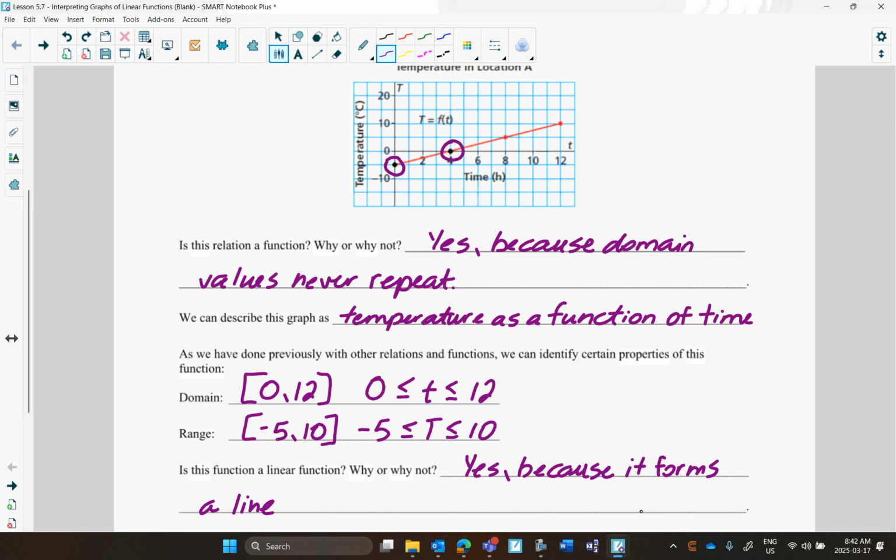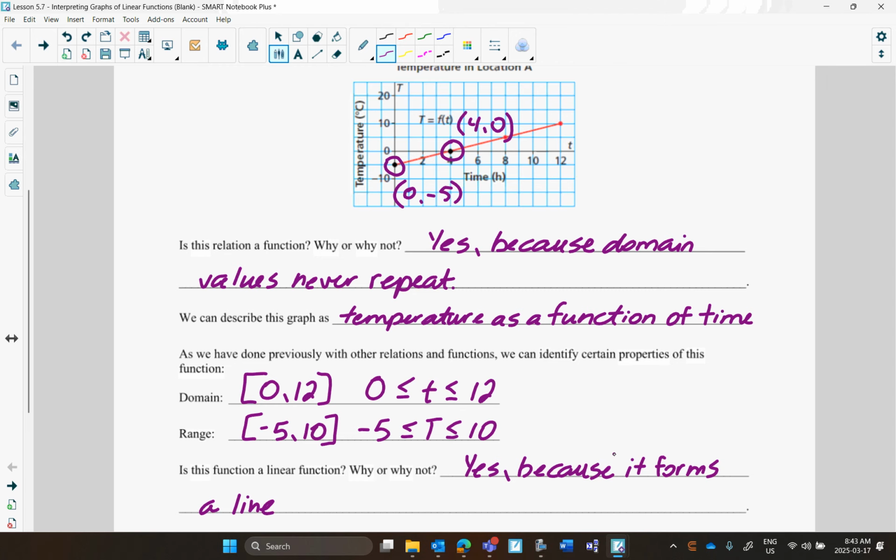What point is this? What coordinate is this? And this one? And it doesn't matter which one you use, the first x and y and the second x and y. I always use the one to the right or higher.